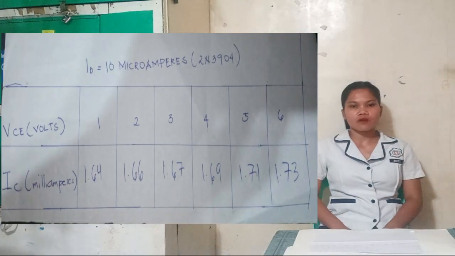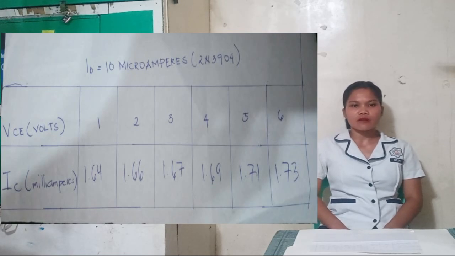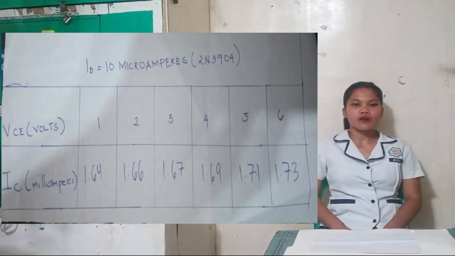Such a small increase means that the transistor is operating in its active region, since within this region the collector current remains almost constant after collector emitter voltage has increased. In this region, the current gain of the transistor controls the current, and collector emitter voltage barely affects it.